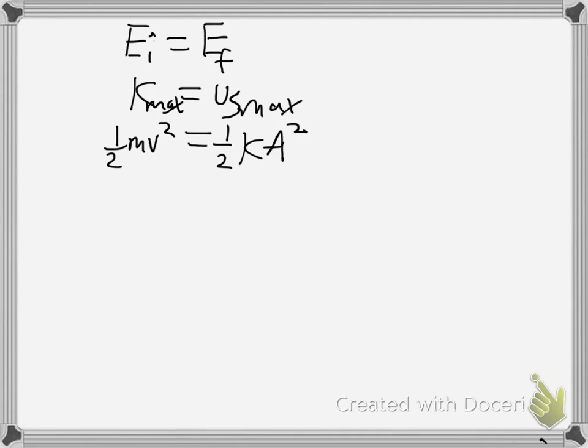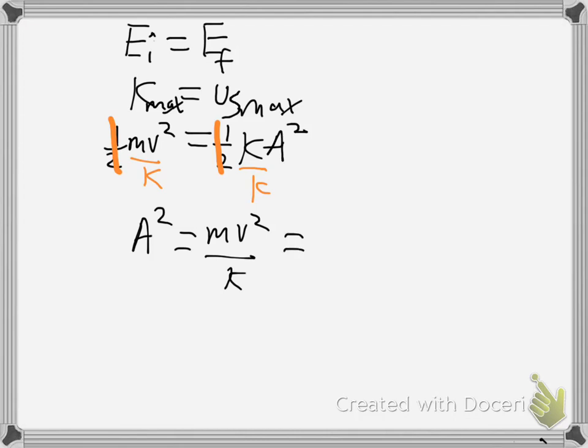The 1/2s are going to go away, and we will divide by k. So A squared is equal to mv squared over k.